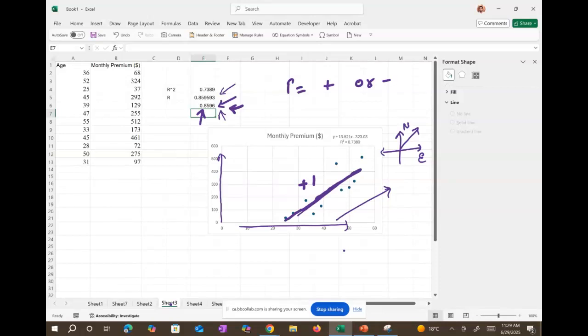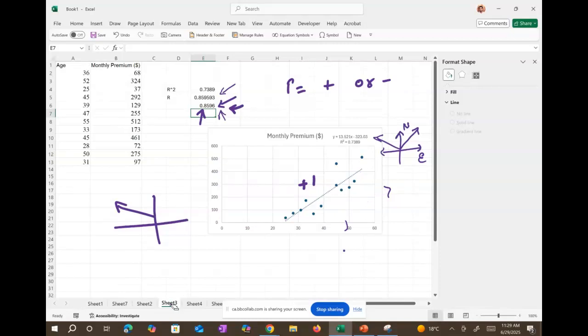If the slope is somewhere in the northwest direction, something like this, or on the graph, if I erase it and try to draw here, if the equation of a line comes like this, you're still going to get the R square value as positive, and the R value, when you take the square root, will also come out positive.